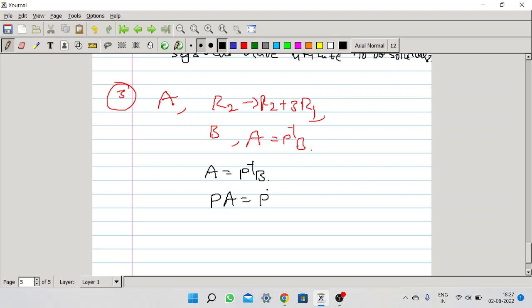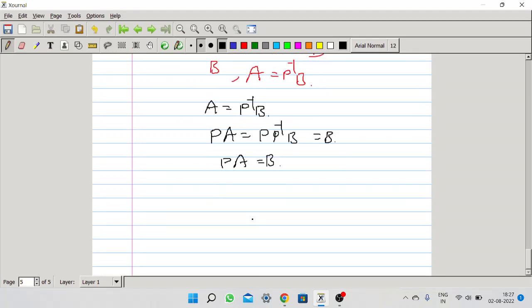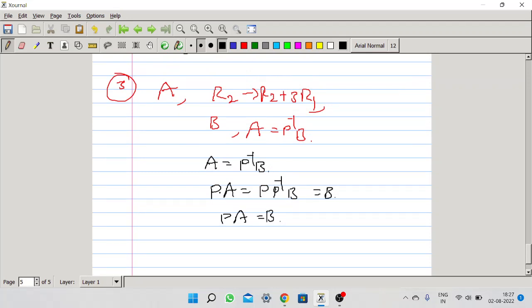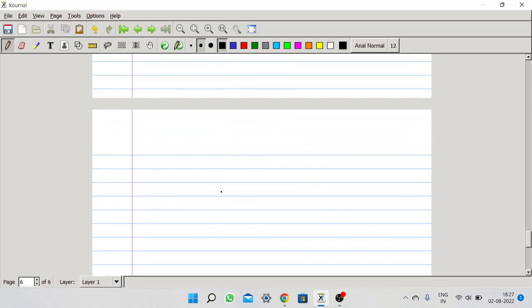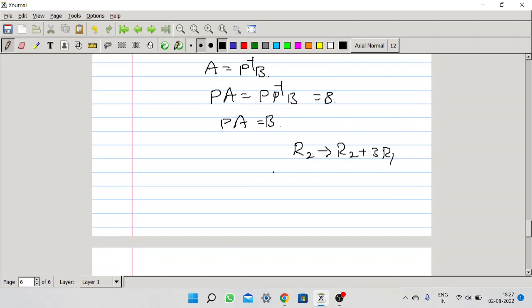So it will become P inverse B, which is nothing but B. So what we have is PA equal to B. So the operation we are doing here is R2 is becoming R2 plus 3R1. Now you just check the given options.